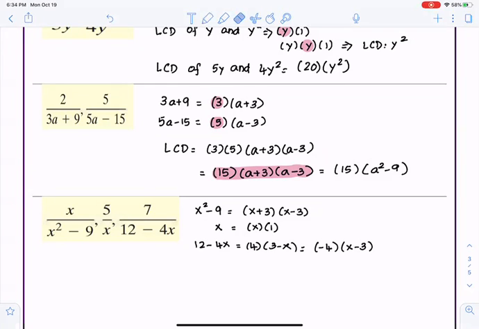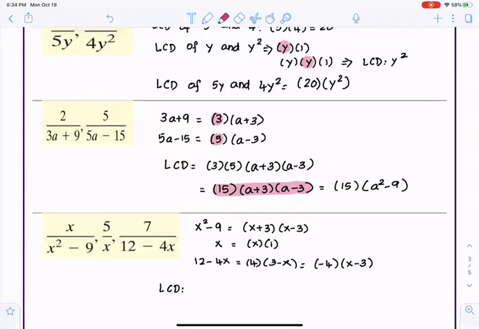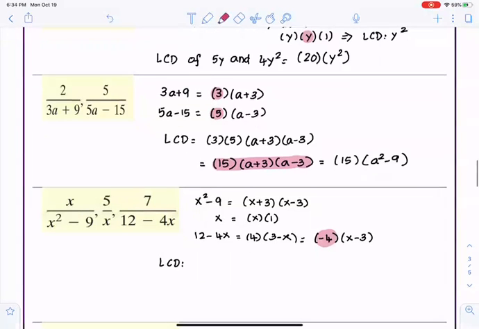Now I'm going to go and hunt for the common multiple so that I have a least common denominator. We'll start with the numbers. I see a negative 4 here. Negative 4 is missing in the other two terms, which would imply, in order to form a least common denominator, I need to have a negative 4.